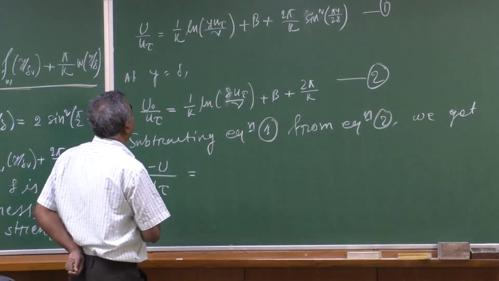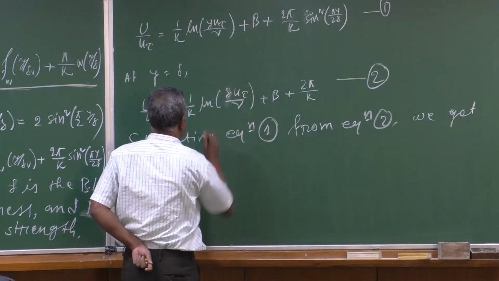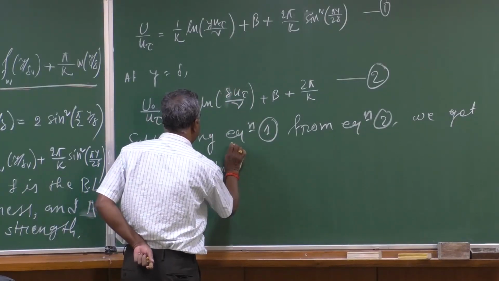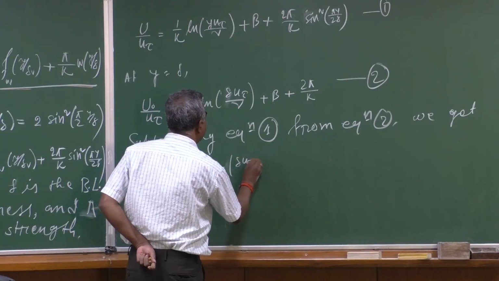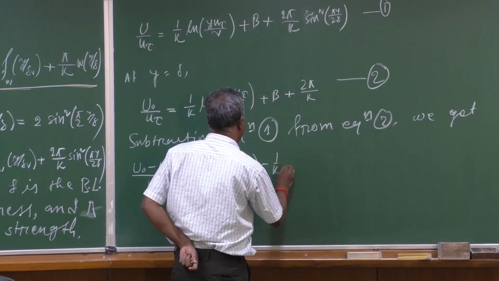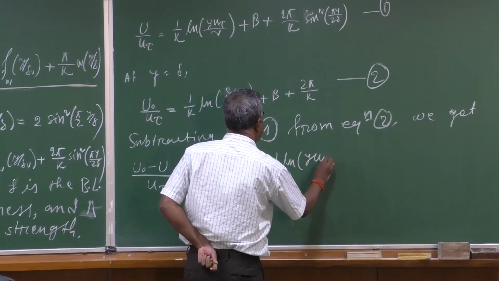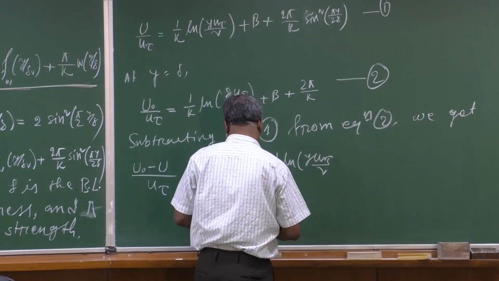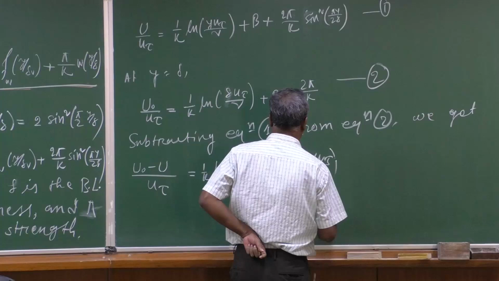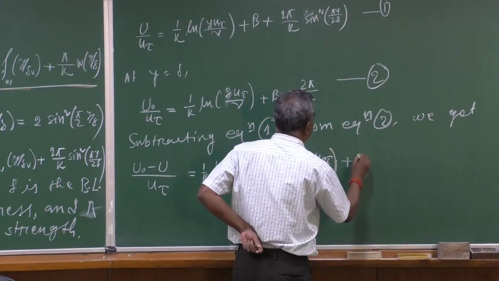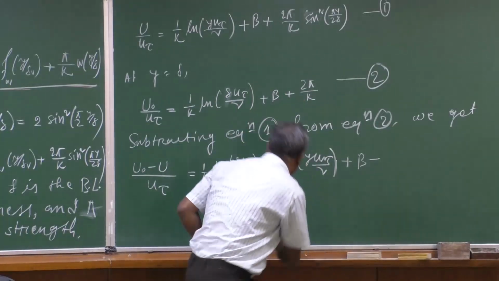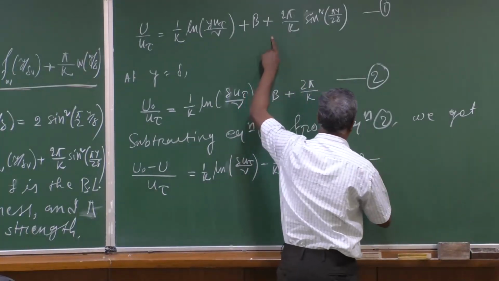So, then it becomes 1 by kappa ln delta u tau by nu minus 1 by kappa ln y u tau by nu, and this is b, then this quantity will come out as b.